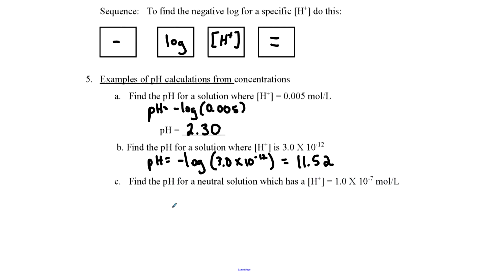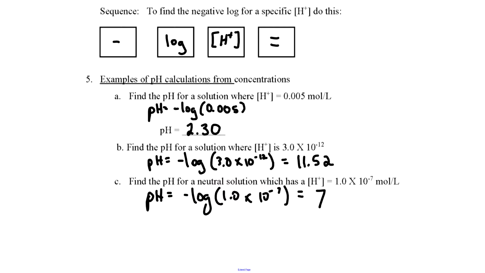Okay, so just to show that in the pH calculation, if you put in that value, you get a pH of exactly 7, or neutral.